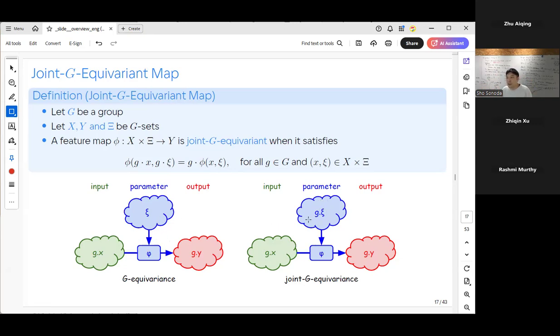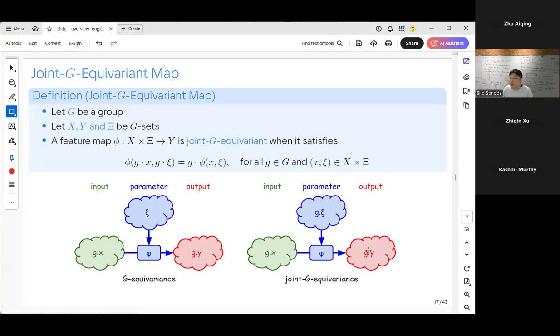The traditional case corresponds to the group action on the parameter being trivial, right? I mean, g dot z equals z, so no action. No action corresponds to the classical group equivariant feature map.